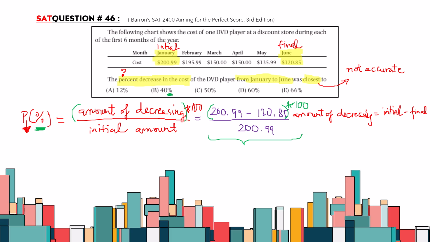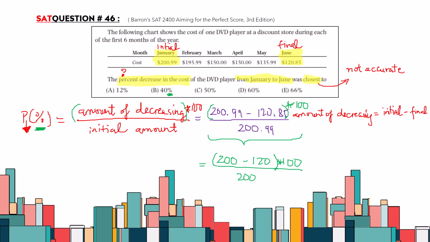So it makes it easier. So I just say here I have 200. I subtract 120. I divide by 200. Then I multiply by 100. That will make the question easier, since we don't care about the cents, we only stop at the dollars.